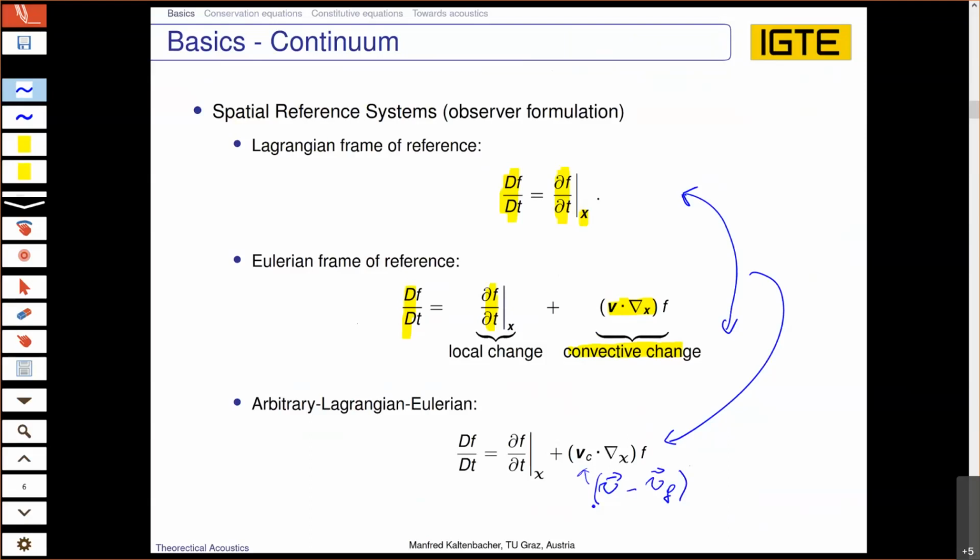And when you have a fluid structure interaction there, then the important thing in the arbitrary Lagrangian Eulerian system is the difference between the velocity you have there and the rigid body motion of the rotor, which is then called the grid velocity, because at the end we use a numerical discretization scheme, and there we have to move the grid we have within the rotor from time step to time step according to the rotational speed we have.